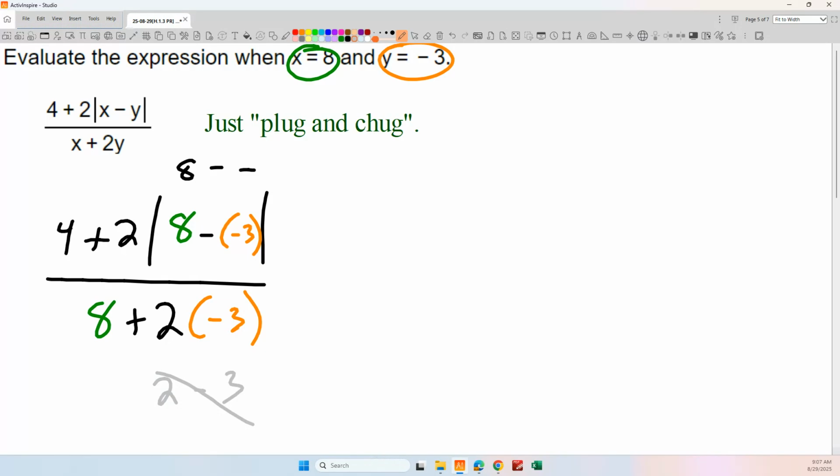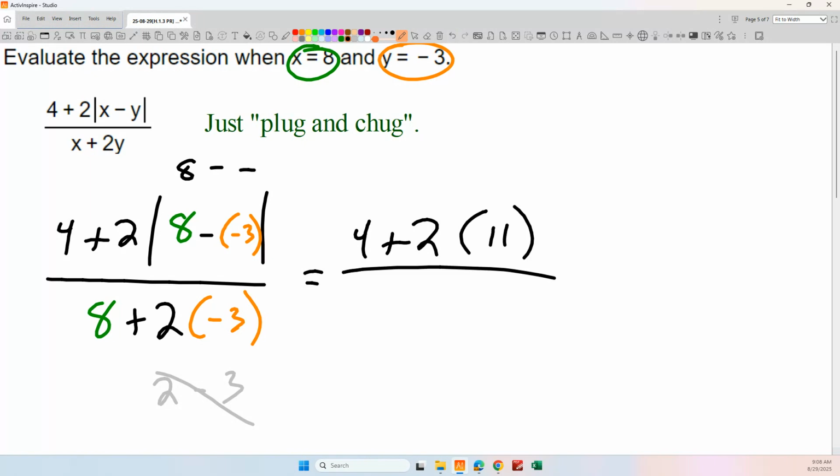All right, on top, real quick, I know you guys are probably taking too long here. 4 plus 2 times the absolute value of 11. What is the absolute value of 11? 11. So we'll just write 11 here. How about it?